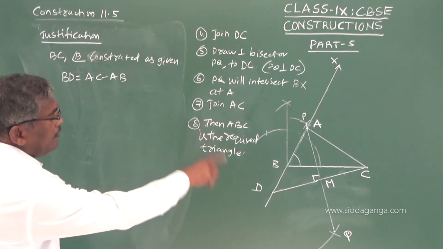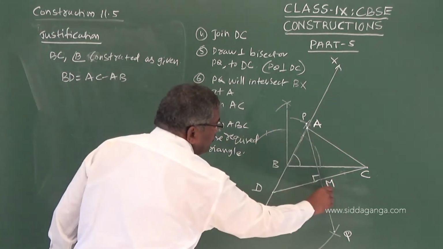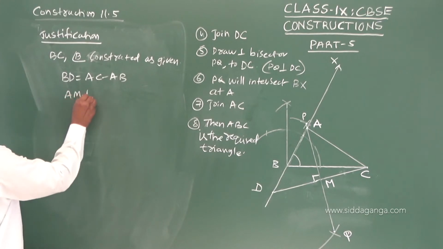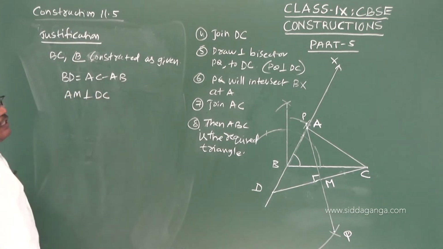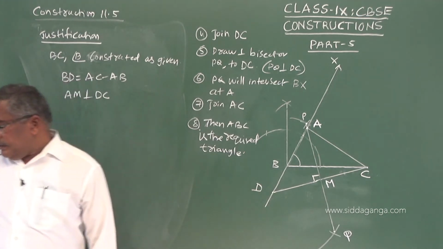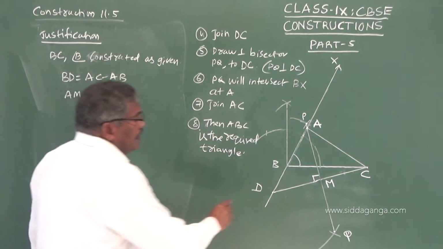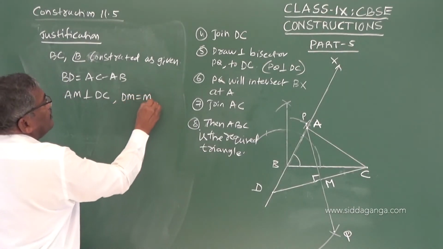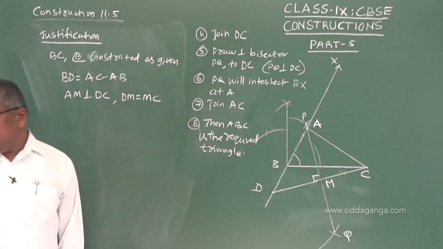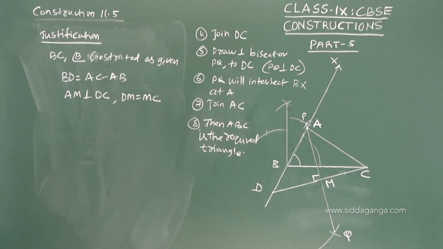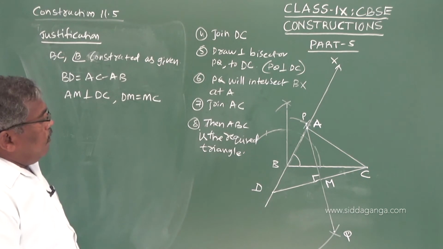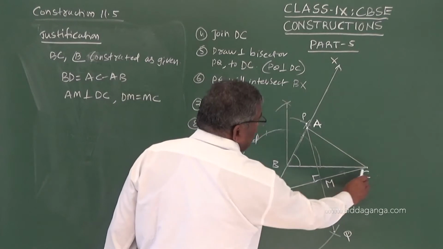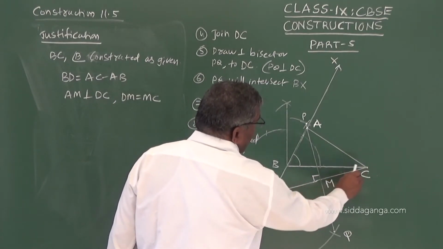So here AM is perpendicular to DC. It is the perpendicular bisector, and therefore DM equals MC. These two are equal.